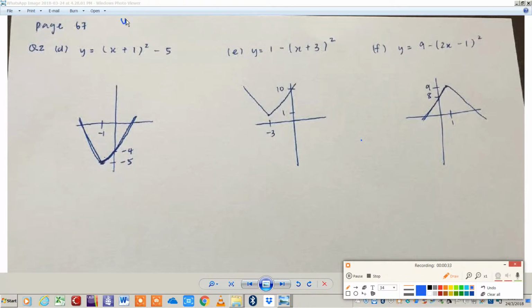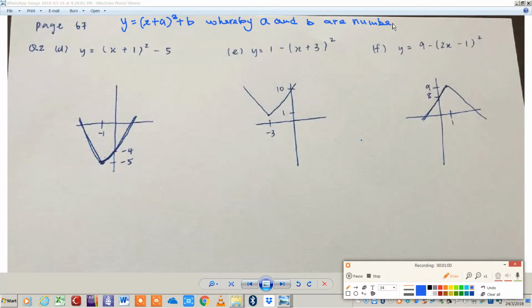Basically, it is y equal to (x plus a) squared plus b. This is the completing the square format, whereby a and b are numbers.